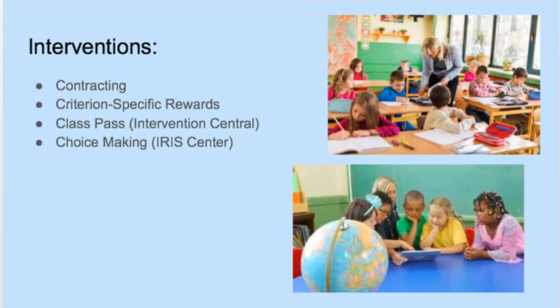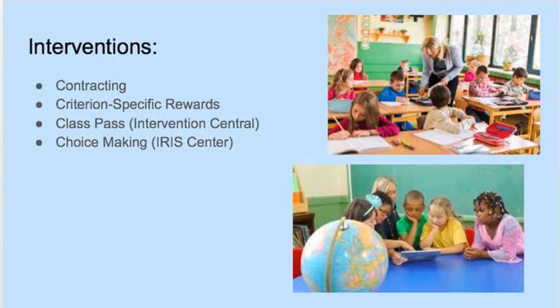There are many different interventions that we can use in order to see an improvement in the behavior of our students. One of them described in the textbook was contracting. This was a way to set up a written agreement describing the desired behavior. This could be between a teacher and one student, it could be between two different students in the classroom, or a teacher and two or three students, whoever is involved in the problem behavior.